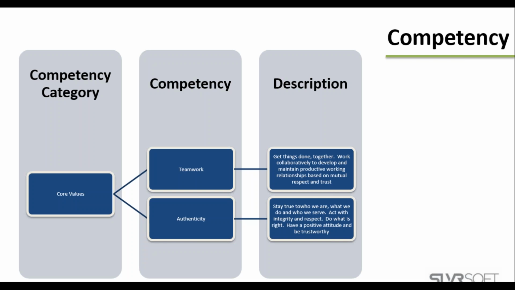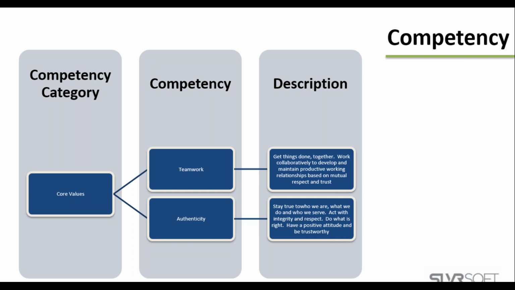So for us, within Silversoft, we've got a set of core values, two of which happen to be teamwork and authenticity. And then you've got to be able to provide the description of that teamwork. What do you mean when you're saying teamwork? Be very precise, specifically in your current environment.